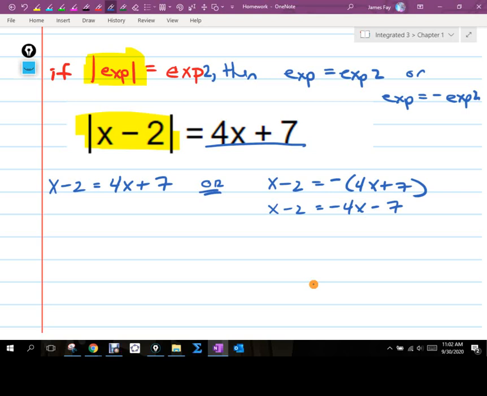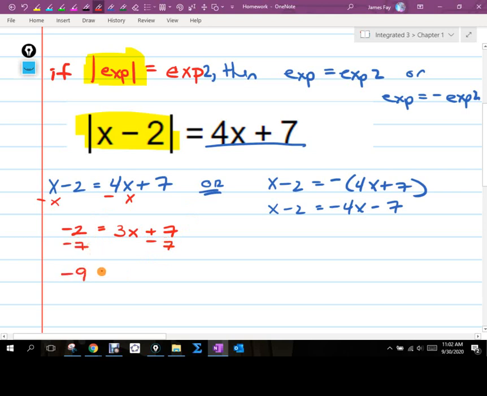So I'm just going to focus on this one here. I'm going to move the x over. So it's going to be negative 2 is equal to 3x plus 7. Then I'll subtract 7 from the negative 2.